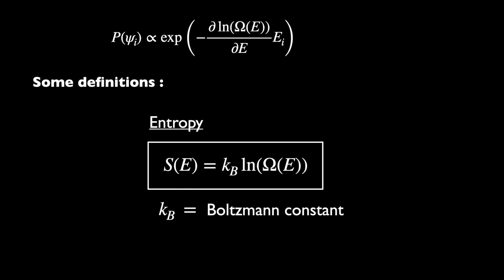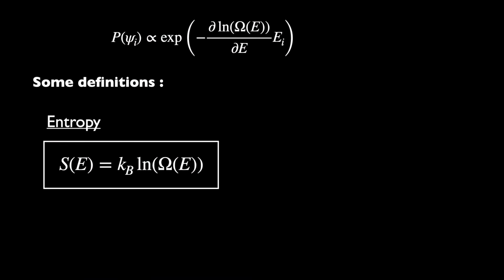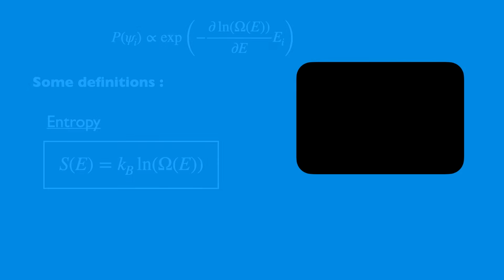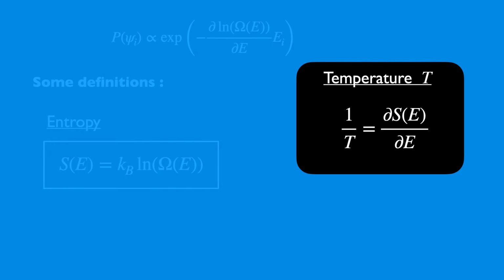At this stage, we can take S(E) as synonymous with omega(E), which is the number of microstates consistent with the macrostate E. We will motivate the log in this definition later. Now we can define temperature T as 1 over T equals dS/dE. Later we will show that this definition is consistent with our intuition that heat flows from higher temperature to lower temperature.